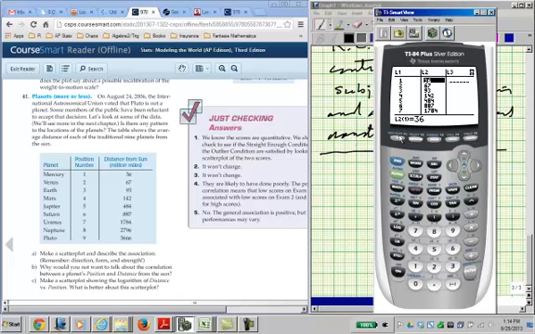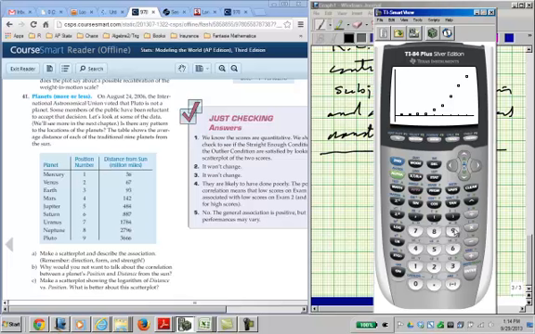Alright, so let's do a scatter plot. So do second y equals. And I got L1 and L2, and I got the scatter plot turned on. So I just have to do a zoom 9 because I've changed my data. The data's so different. Okay, now you can see this is definitely not straight. It's exponential. So we couldn't use this to talk about correlation.